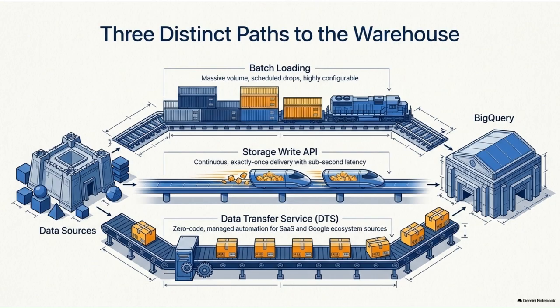Everything has to be done in the first two ways, batching and Storage Write API. But the Data Transfer Service is zero code. You don't need to do anything. It's managed automation for SaaS products and Google ecosystem sources. Maybe you want data from Google Analytics 4, Google Ads, or YouTube, or any other ecosystem, maybe from Azure or Amazon Cloud. This is the best way to go.